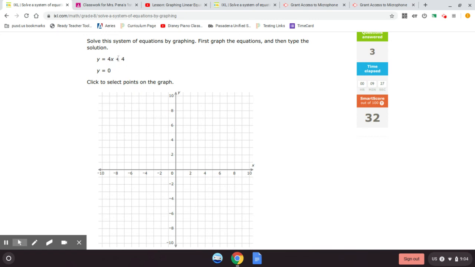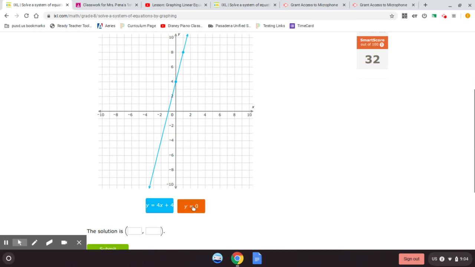Let's graph our first equation. It crosses the y-axis at a +4, a +4. And then the slope is 4, but I want it as a fraction, so I could put it over 1. They'd both be positive, so it's up 4 and right 1. Okay, so y equals 0.